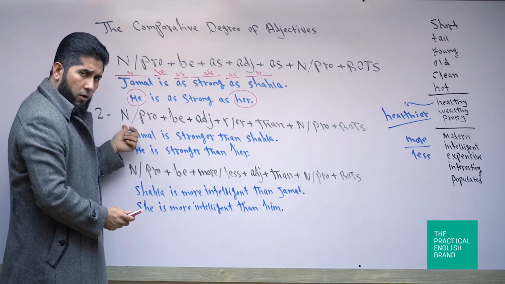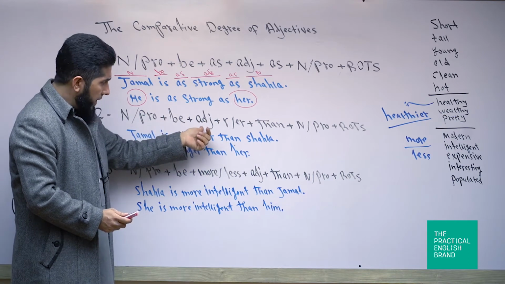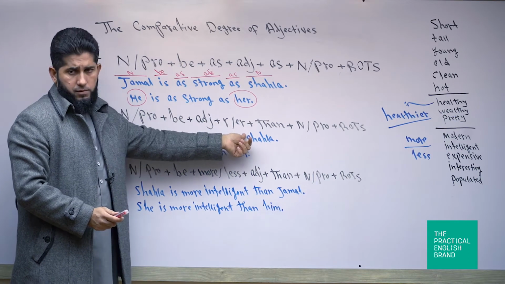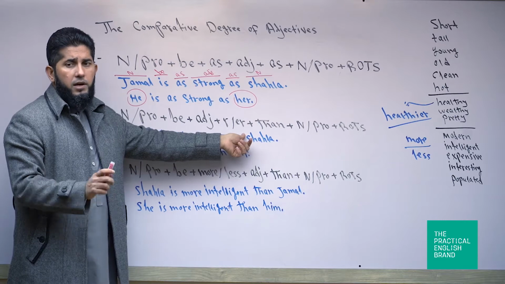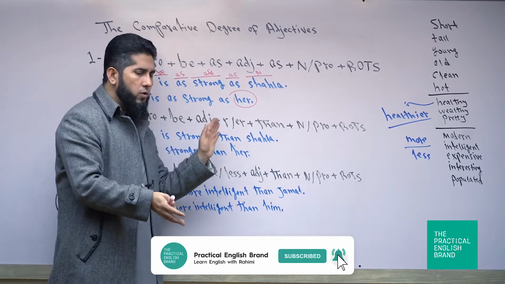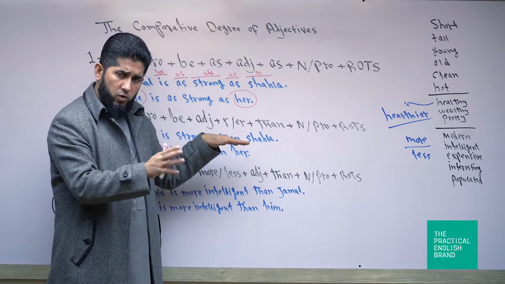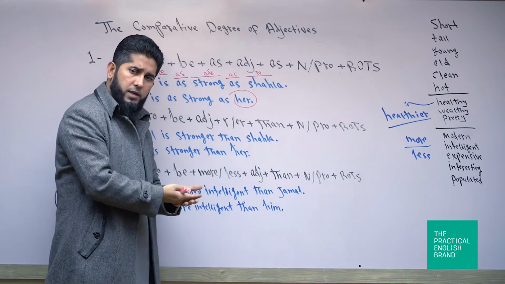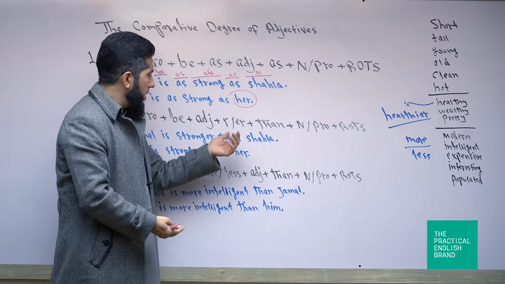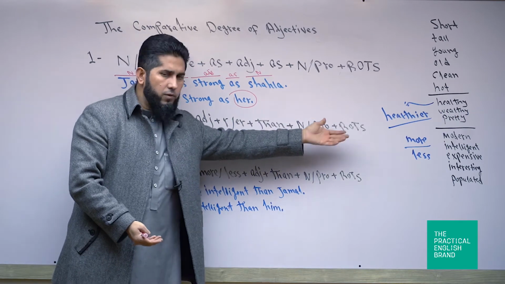Now, noun or pronoun at the beginning of your sentence, a to be verb, adjective plus er. If the adjective already has e, you just add r. If it doesn't have e, then you add er. And if it's a two-syllable adjective which ends with y, then change y to i, and after that add er. And then the word than, and then noun or pronoun, and then the rest of the sentence.